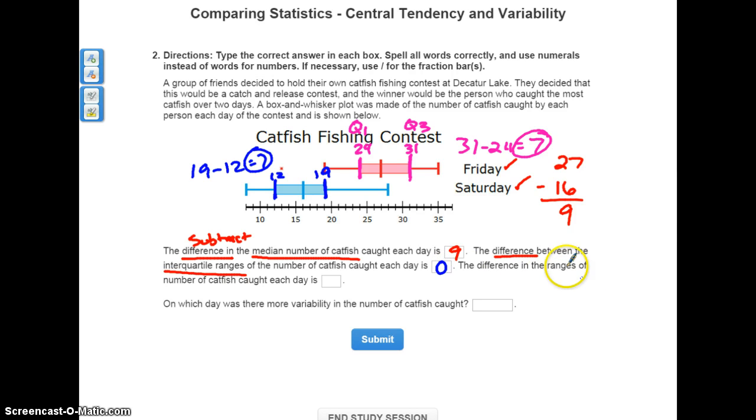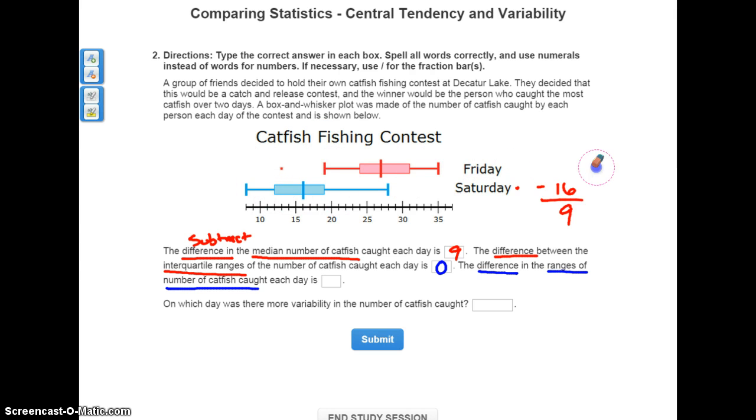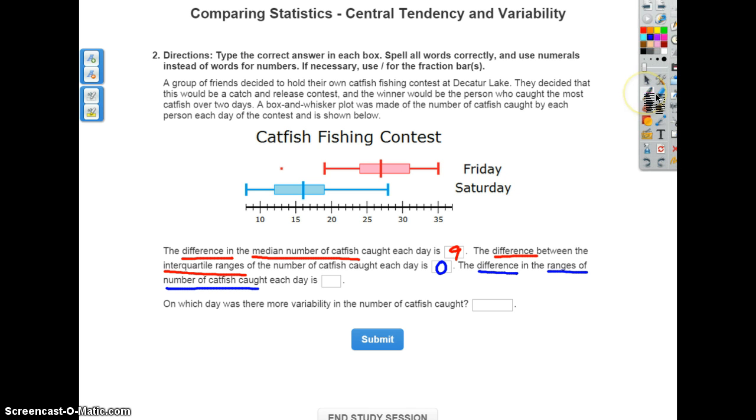Last part is his first very long-winded question, which is now, again, the difference of the ranges of the number of catfish caught each day. So I'm going to have to erase this stuff so we can all see. Here's where we're looking. If I'm talking about the ranges of all of this data, the range from Saturday is pretty straightforward because it's physically the whiskers.